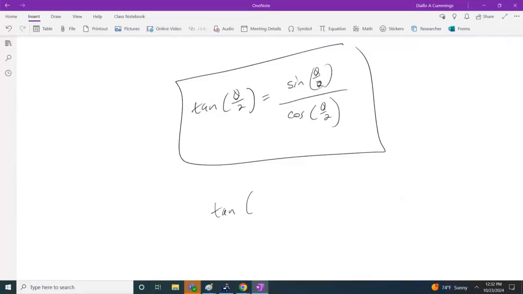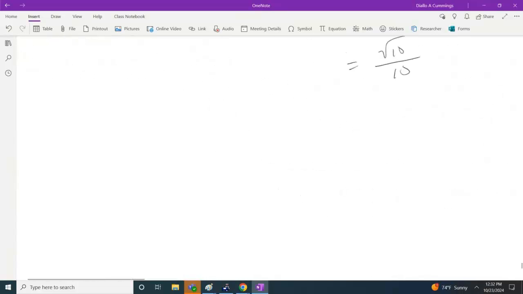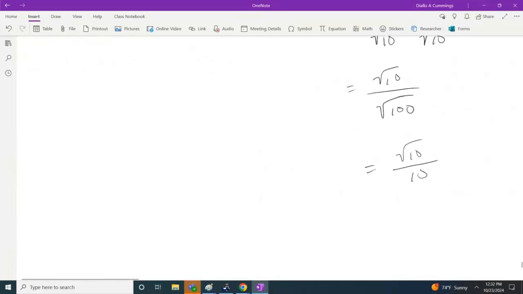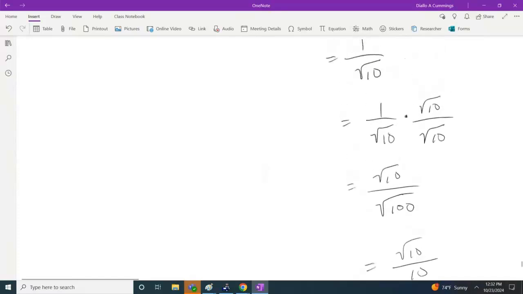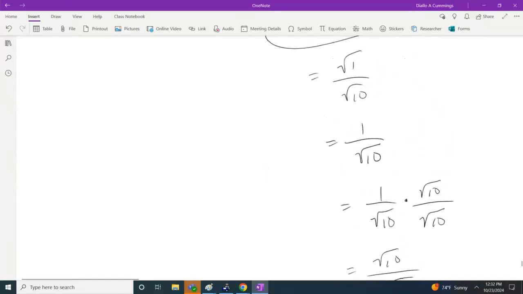I can take the value we got for the half angle of theta over 2, and that was the square root of 1 over 10.